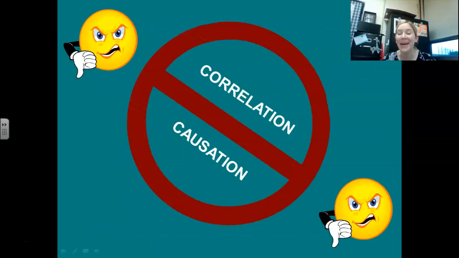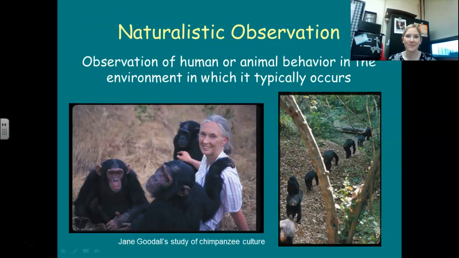If you didn't hear me, I'm saying it again. Correlation does not mean causation. If I'm saying it this many times, you ought to know that it is very important. Kids stumble upon this piece all the time when we tackle it in this unit and further on as we go through the course. Correlation doesn't mean causation.